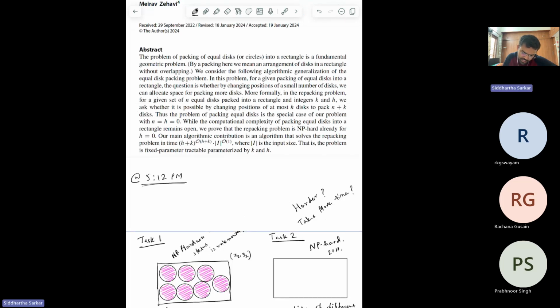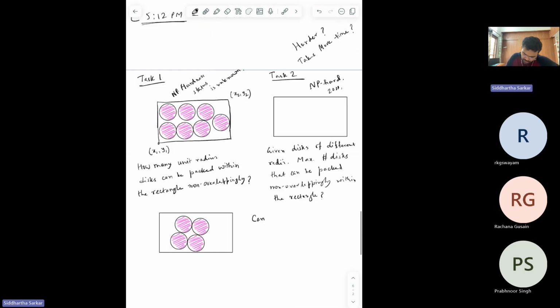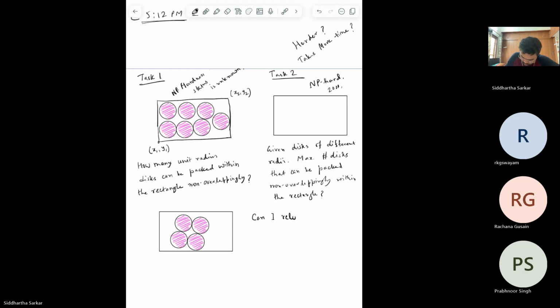So two numbers k and h are given. And the question is, is it possible, by relocating the positions of at most h disks, to pack k additional disks? So can I relocate at most h disks from the packing to make space, or to be able to pack k additional disks?